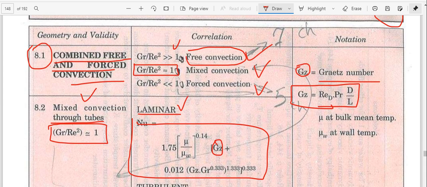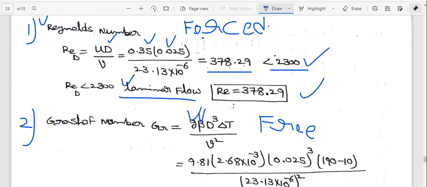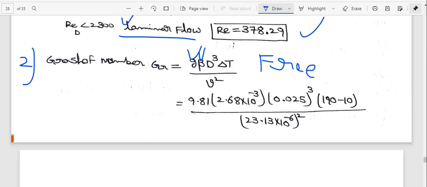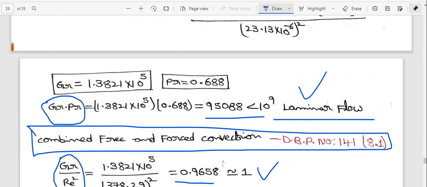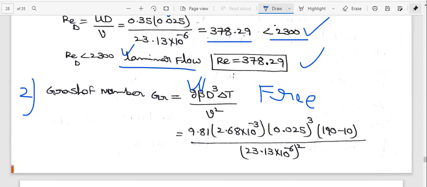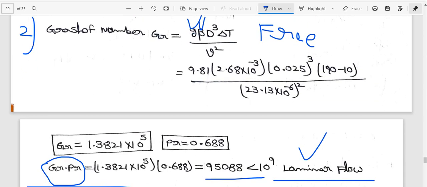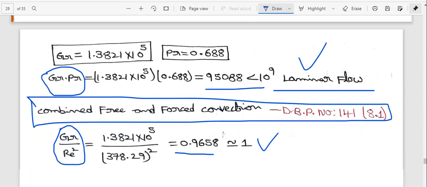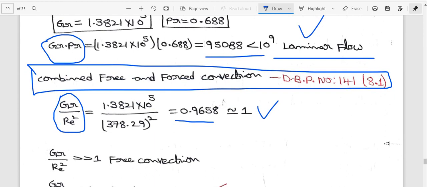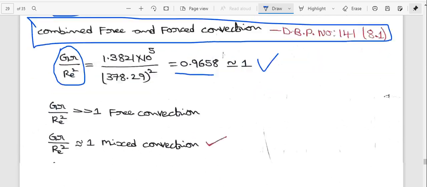In both cases, the Reynolds number and Grashof number are less than 10 power 9 and less than 2300, so both cases come under laminar flow. That's why I am considering this combined free and forced convection from data book page number 141.